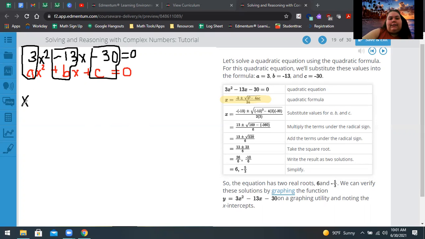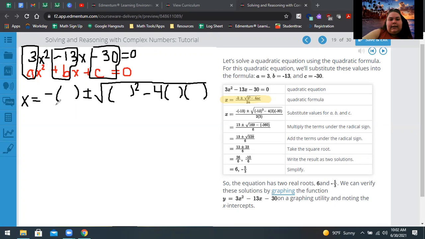We go x equals, and I like to write out the parentheses just like this and then fill it in. So x equals negative b plus or minus the square root of b squared minus 4 times a times c, and then it is all over 2a.